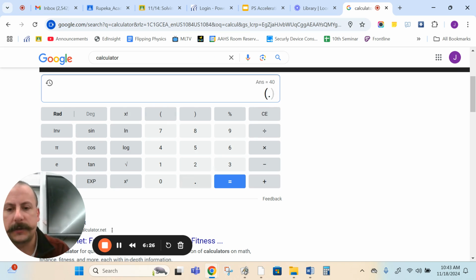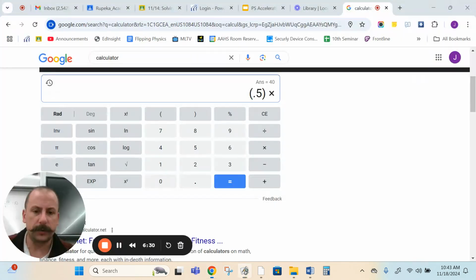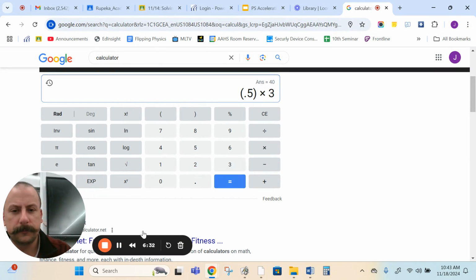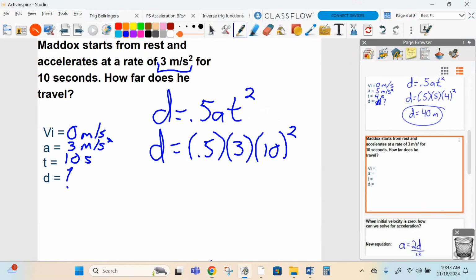I can do the parentheses as well, 0.5 times my acceleration, which was 3, and my time was 10 seconds. Close parenthesis, square that guy, equals. That's going to give me 150.